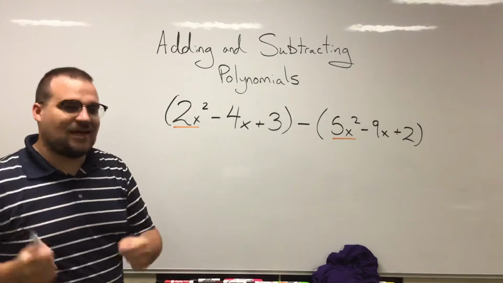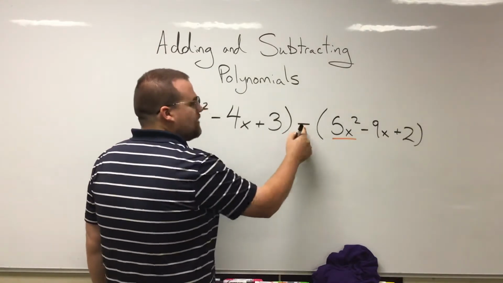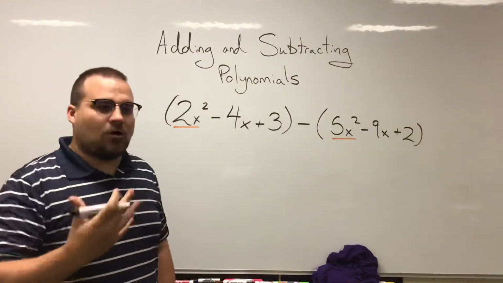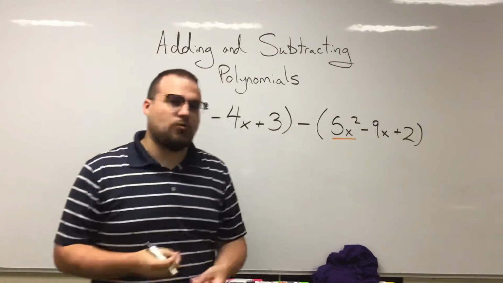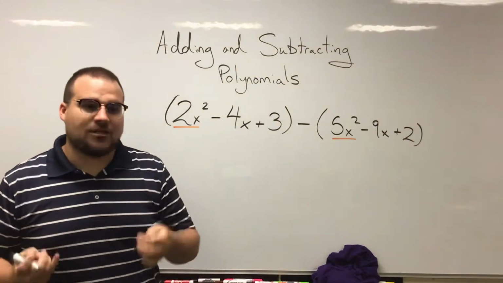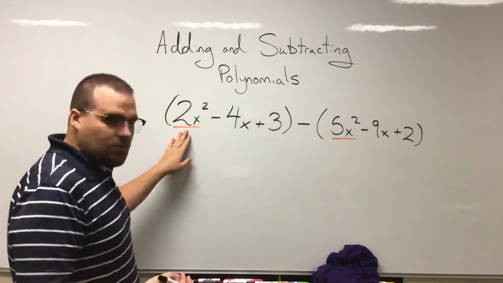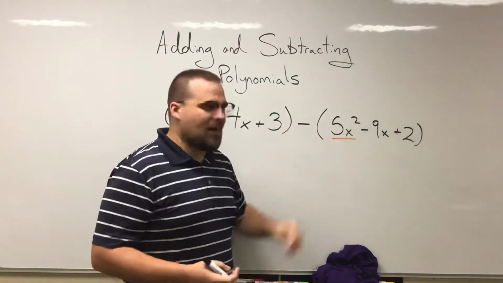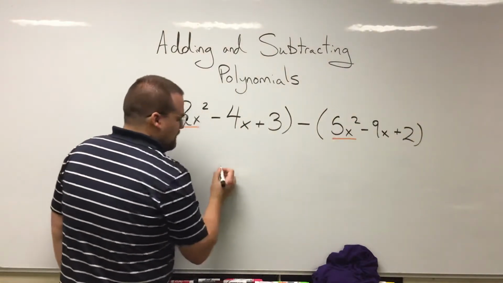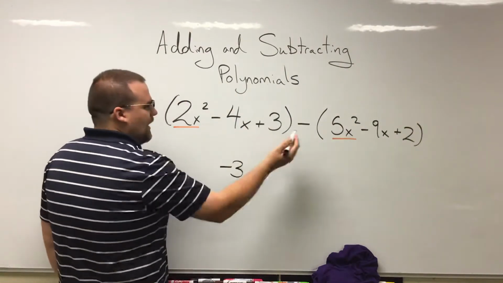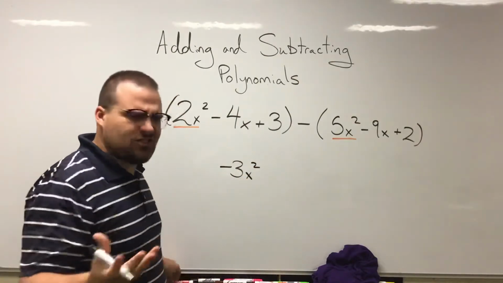But that's not the case here, because even though both are positive, we are subtracting. We are always going to do the operation that is between the polynomials. We just need to keep the individual signs of the terms in mind. So positive 2x squared minus a positive 5x squared. Well, 2 minus 5 is going to be negative 3. And then the variables and their exponents don't change.